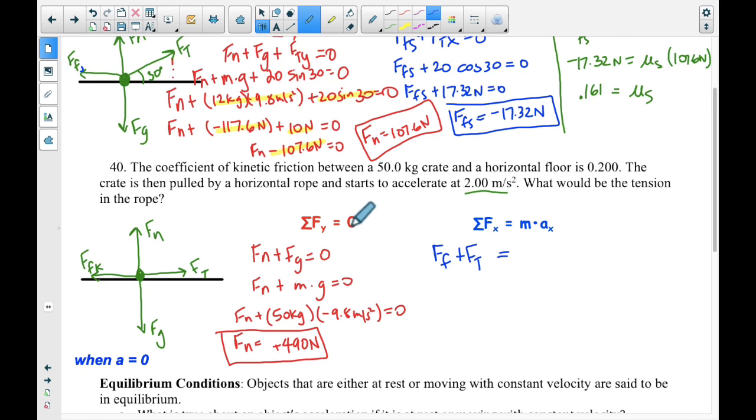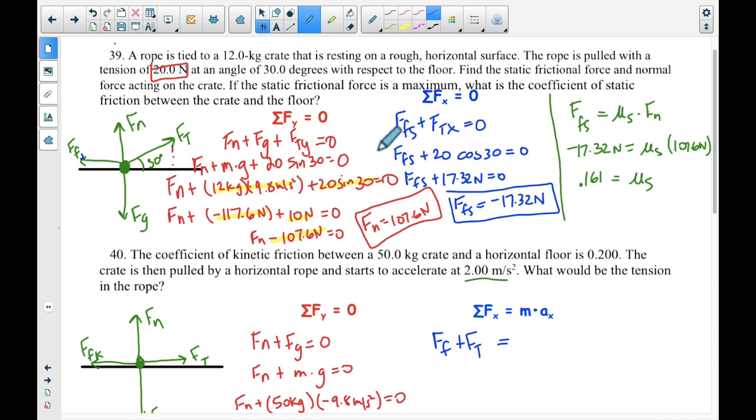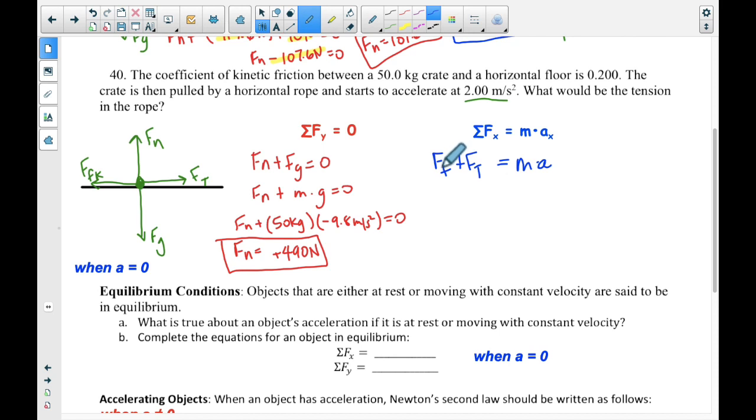If it's stationary, like up and down, it's 0. Or over here, this was a stationary object, and so they were 0. But in this case, it is moving. And so if it's moving, we don't have a 0 over here. We have mass times acceleration over here. So our formula now is the frictional force plus the tension force is equal to the mass times acceleration.